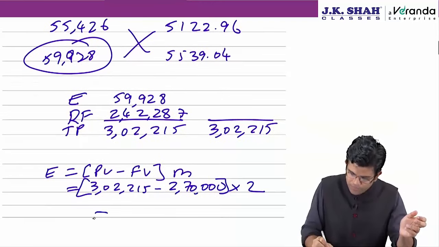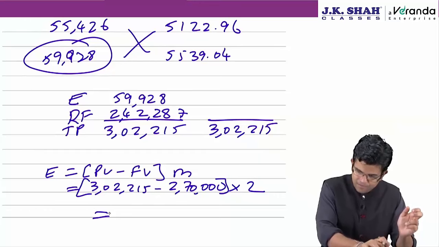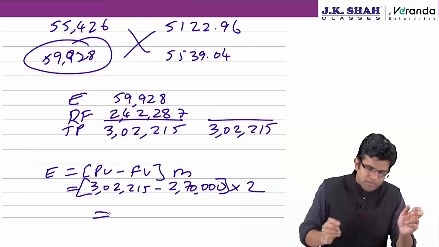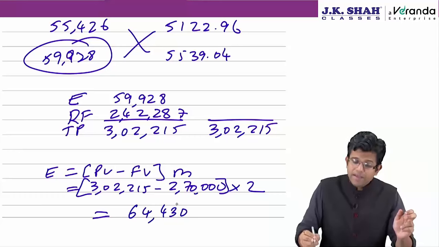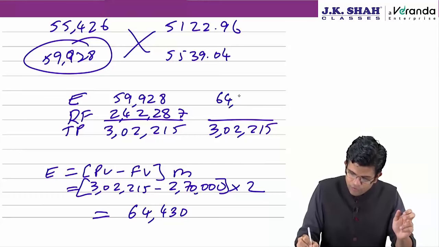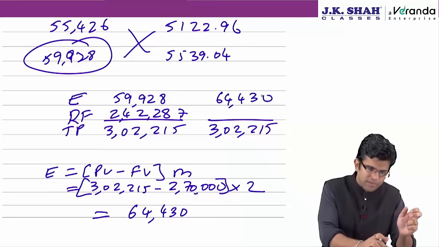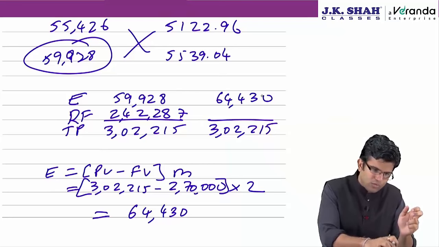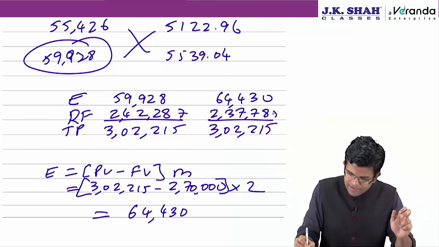So my equity component should go to 64,430, and the balancing figure for my risk-free asset is 302,215 minus 64,430, which is 2,37,785.